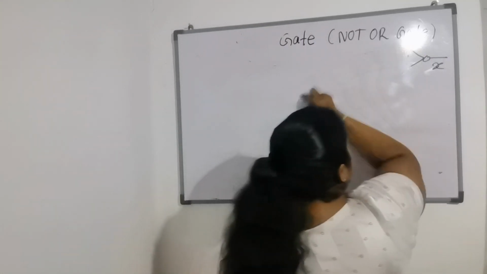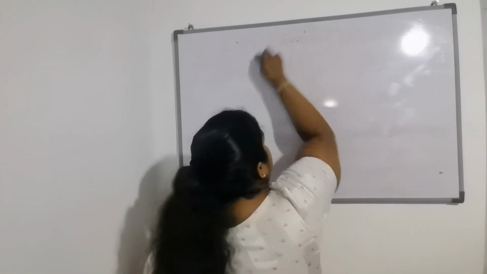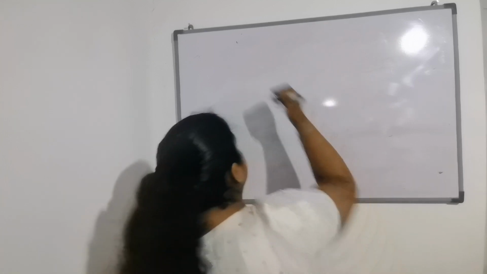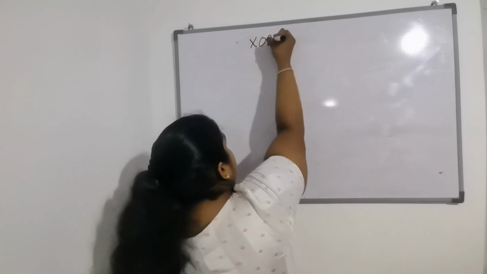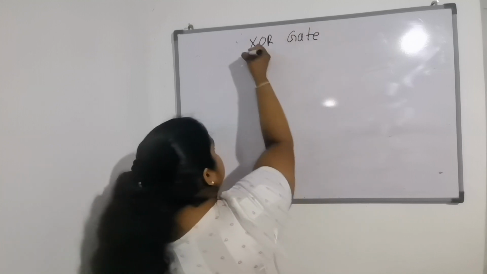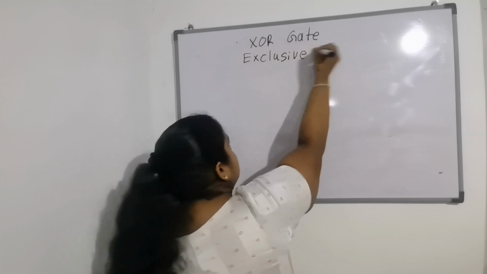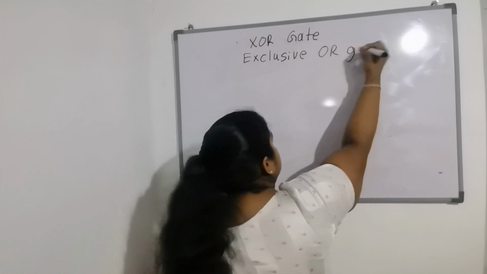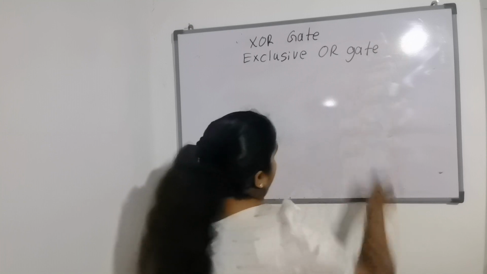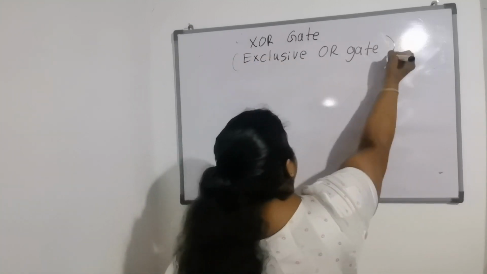In one method, we are touching the outer line. The other method, we are touching the symbol itself. The XOR gate is known as exclusive OR gate. Exclusive OR gate.